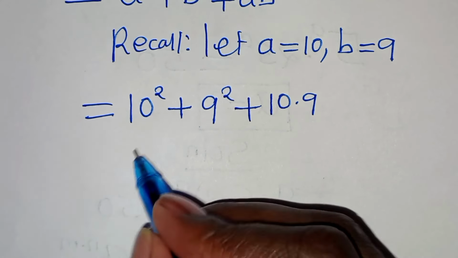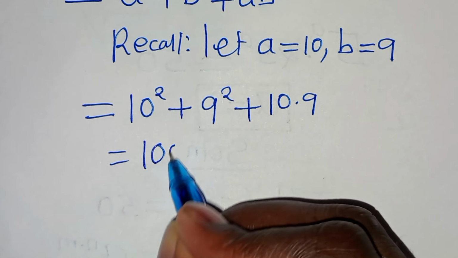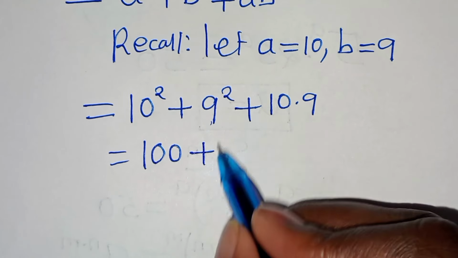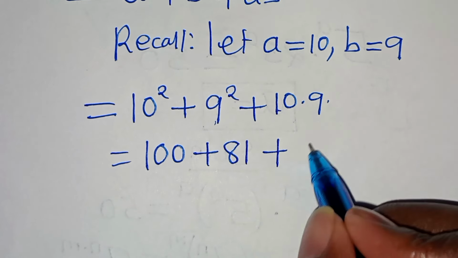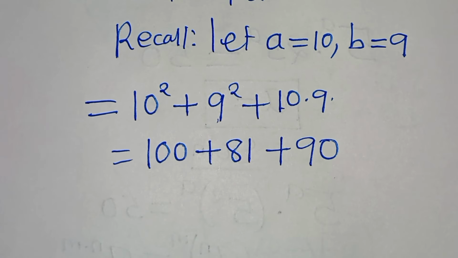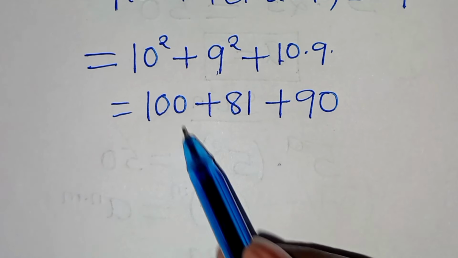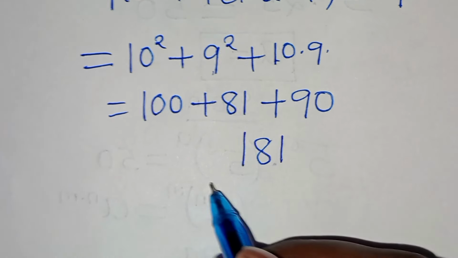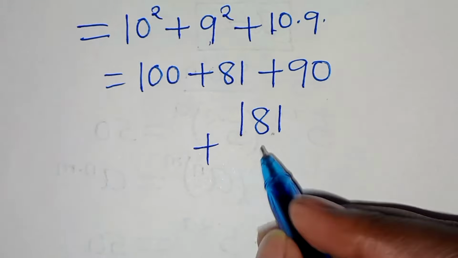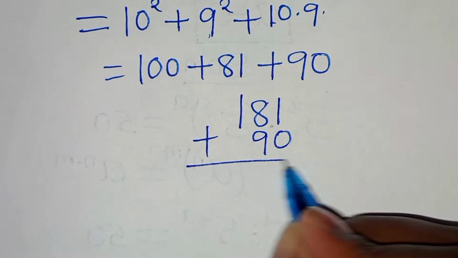So we have 10 squared, this is 100, plus 9 squared, this is 81, then plus 10 times 9, which is 90.